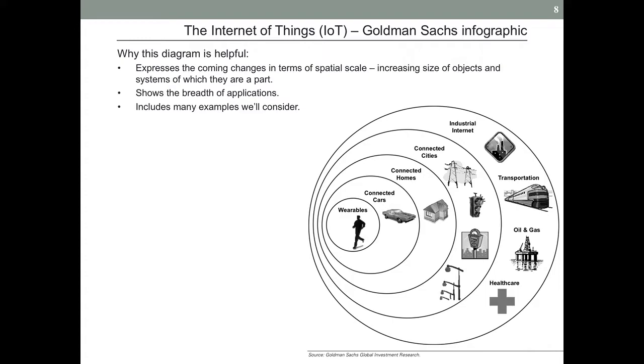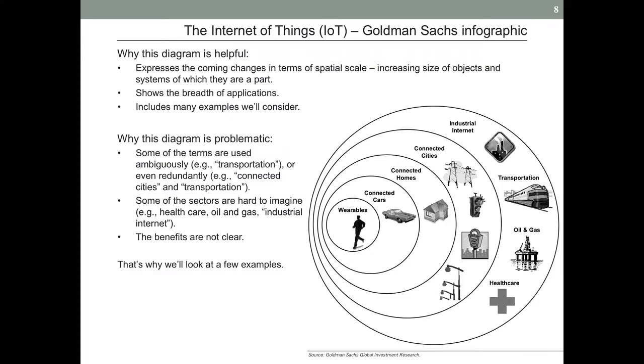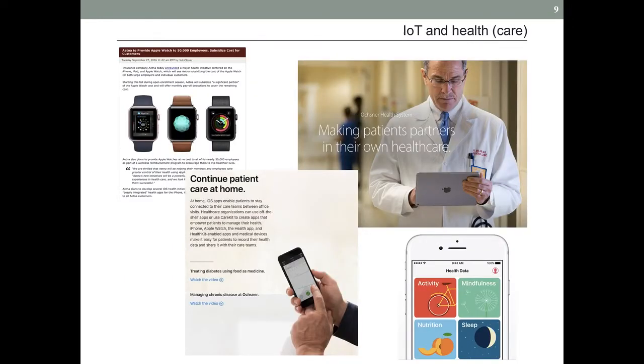So that breadth of applications and these different scales, I think, are important to think about. We'll talk in class about why the diagram's a little bit problematic. Some of it's ambiguous, some of it's sort of vague and hard to imagine, and there's no call out for the benefits. And that's why we'll look at a few examples ourselves in class.